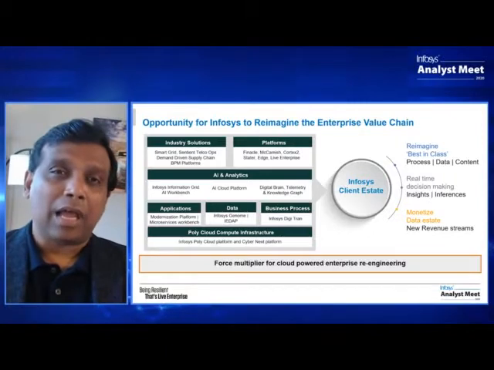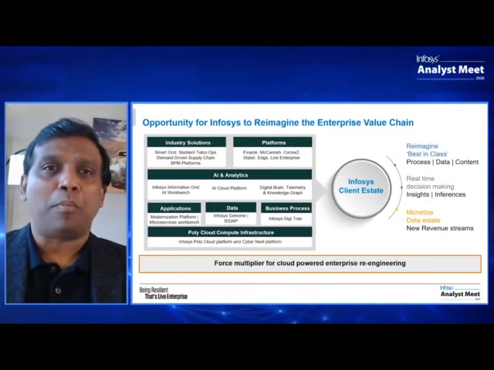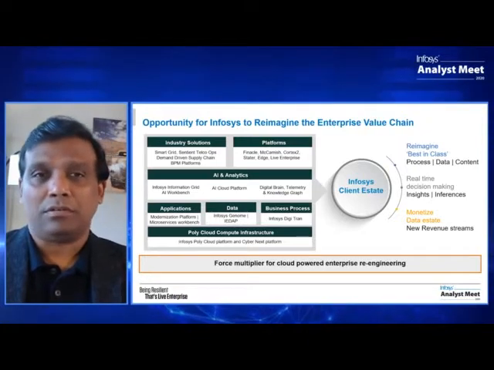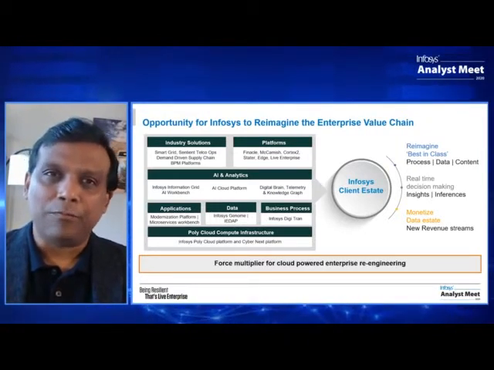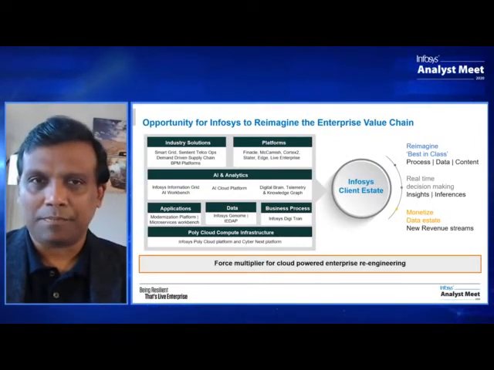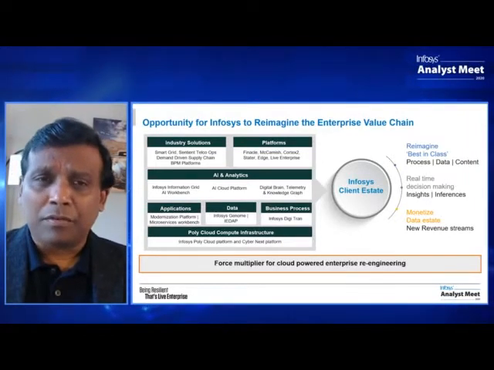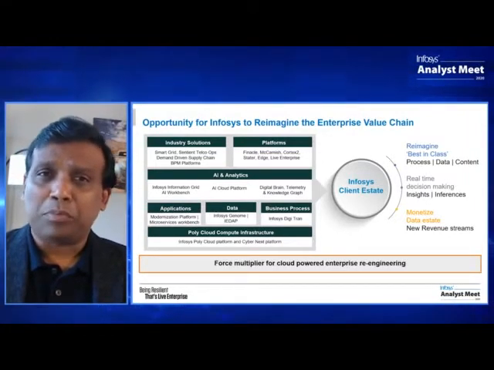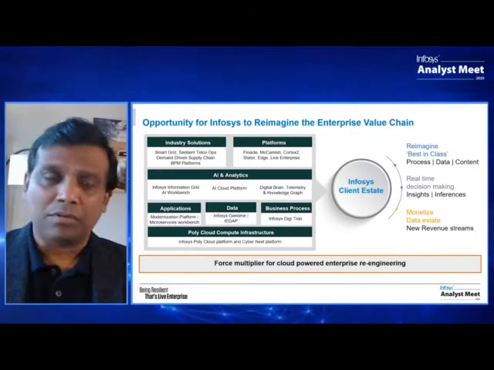And as these hybrid environments are real, we have this very unique opportunity to orchestrate workloads across various cloud environments in a client landscape, in an enterprise landscape. Now, orchestration means managing data, managing process, and managing applications on the cloud.